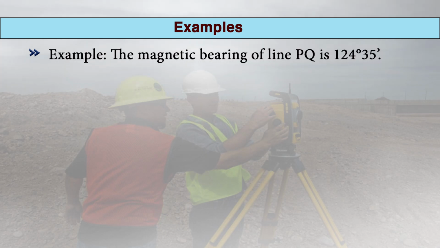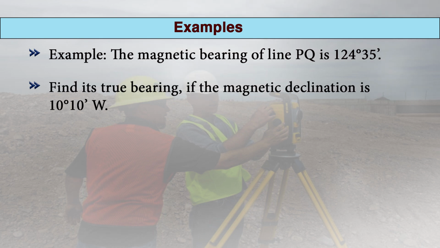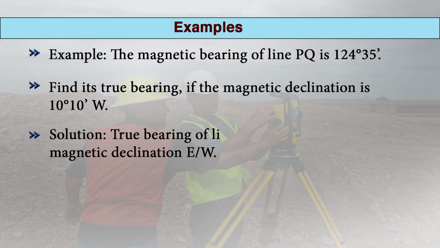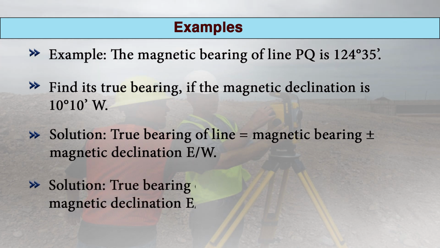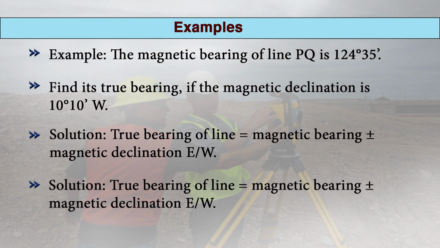The second question: the magnetic bearing of line PQ is 124 degree 35 minutes. We have to find the true bearing if the magnetic declination is 10 degree 10 minute west. The true bearing of a line is equal to the magnetic bearing plus or minus the magnetic declination, eastward or westward, as we discussed earlier.